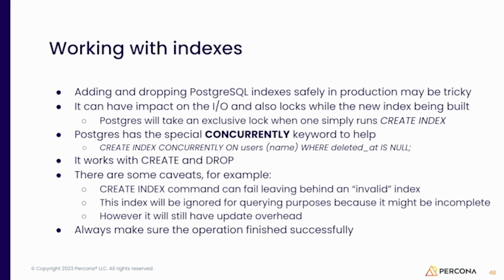We need to drop that invalid index and try to create it again, right? But usually, most of the time, it works fine. So if you go to production and you want to create or drop an index, that's the way to go, use CONCURRENTLY, right?